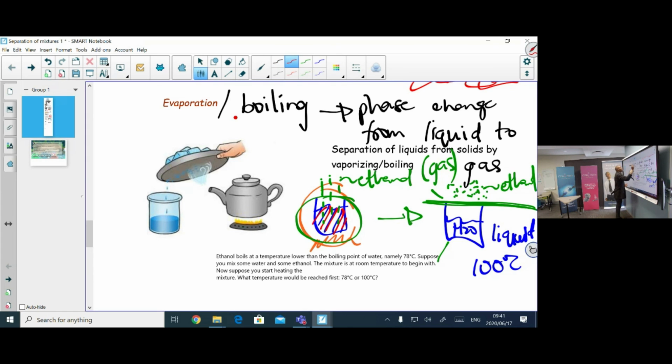We are exploiting the boiling point, which is a property of our materials, such that we can have a separation in our mixture. Substances have unique boiling points, and we're going to use that property in order to separate them.